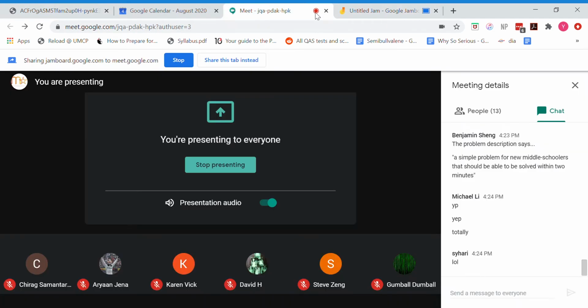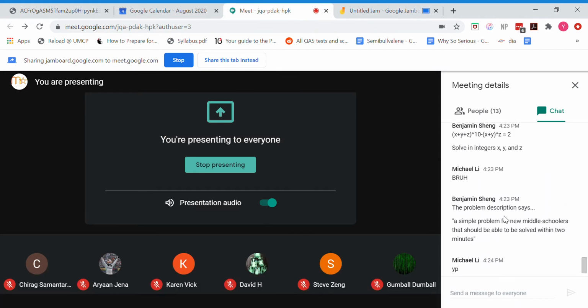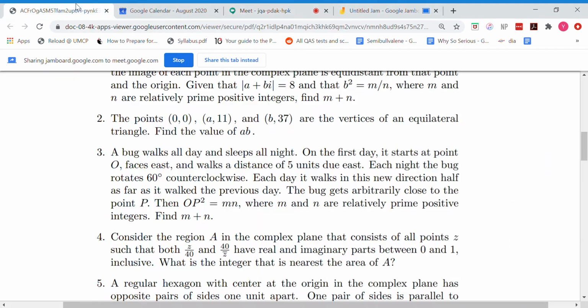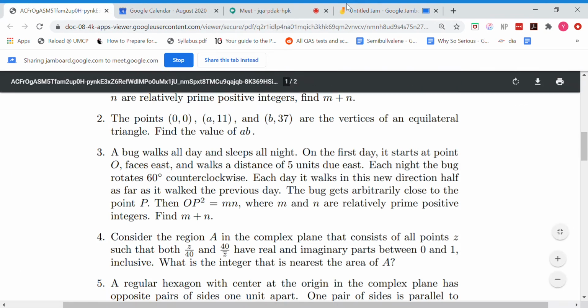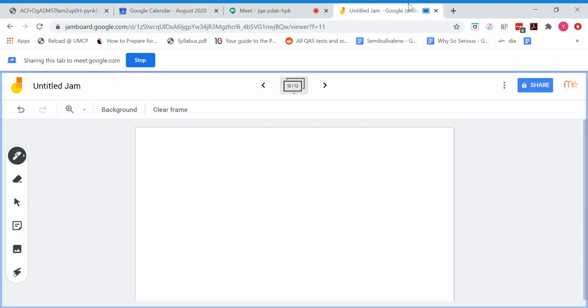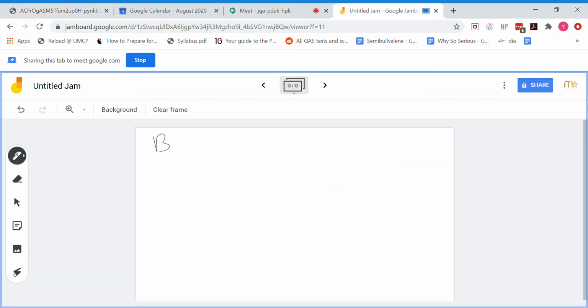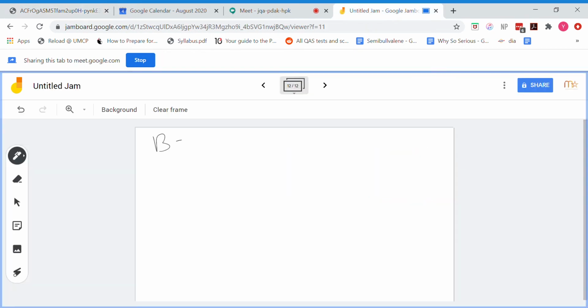So obviously, there's going to be some sort of infinite geometric series involved. Okay, so let's call the coordinate of the bug b. First it starts at 0.